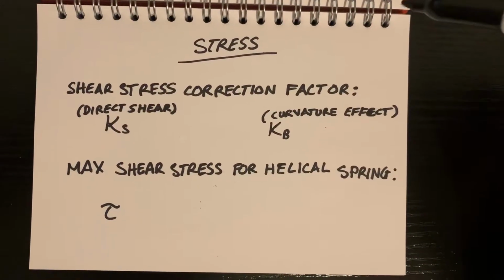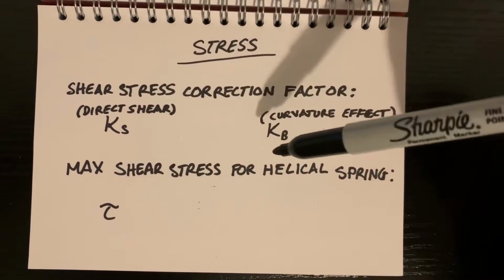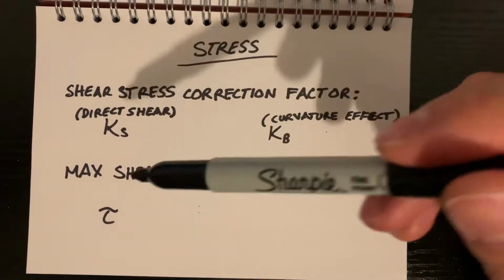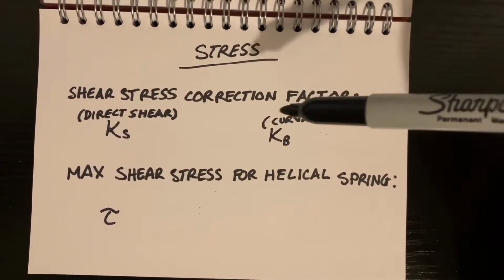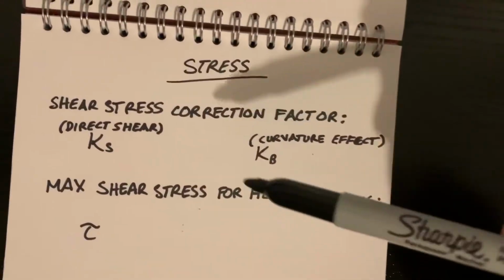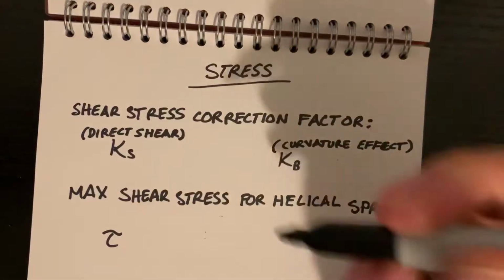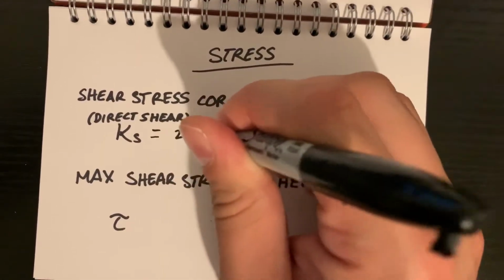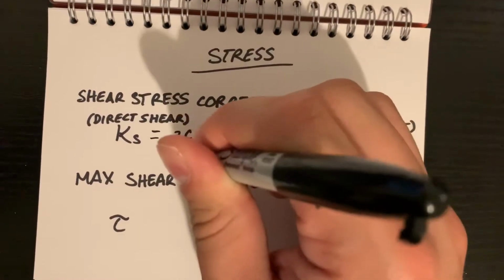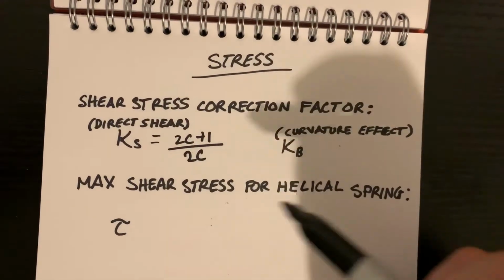Now for our stress, we have the max shear for a helical spring, but to calculate that we need the shear stress correction factor, and that can be one of two. The first is for direct shear, Ks, and that's equal to (2C + 1) over 2C. And that's if you only have direct shear.